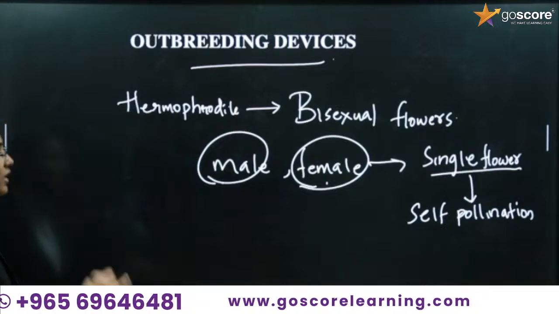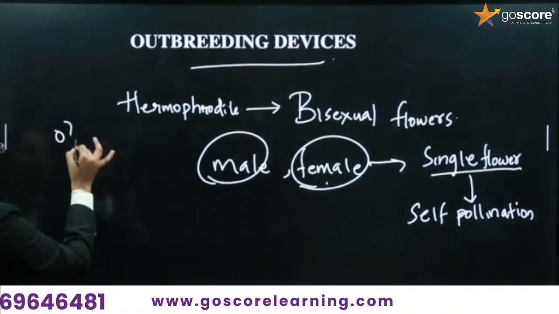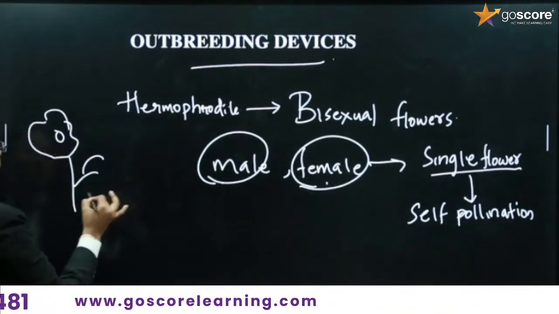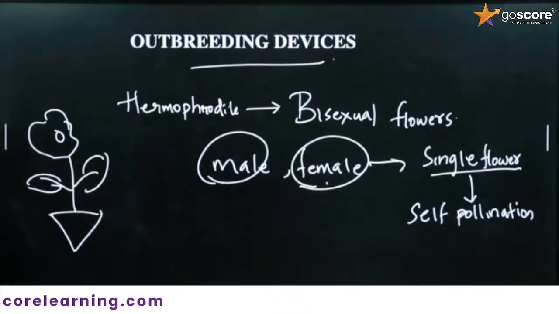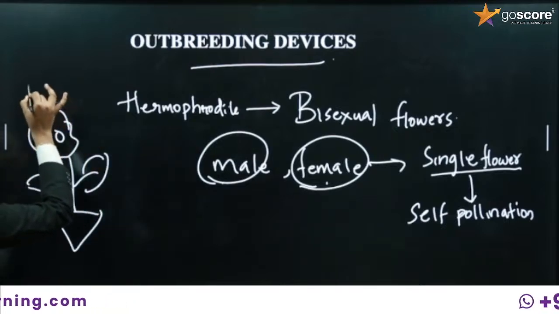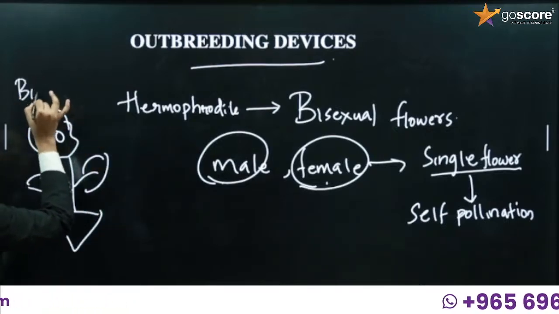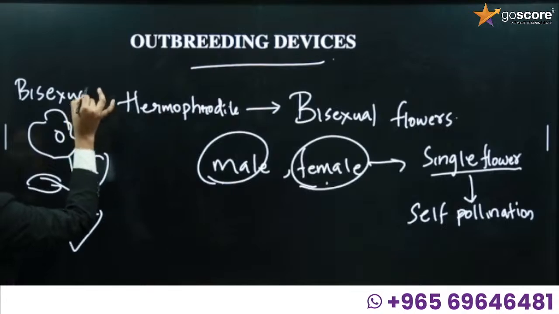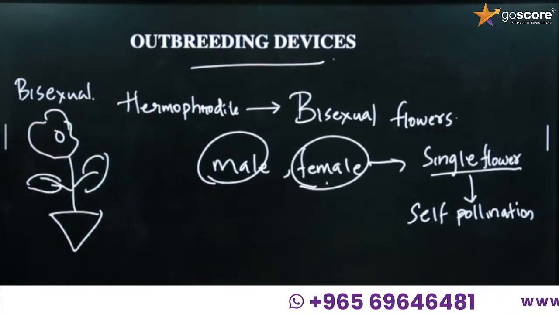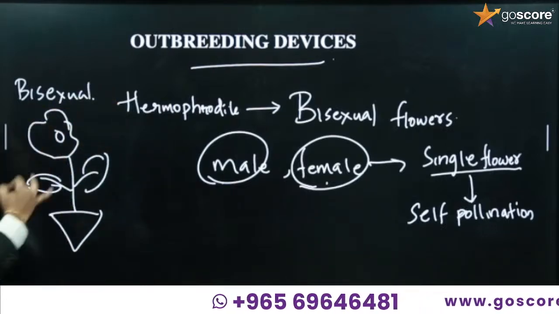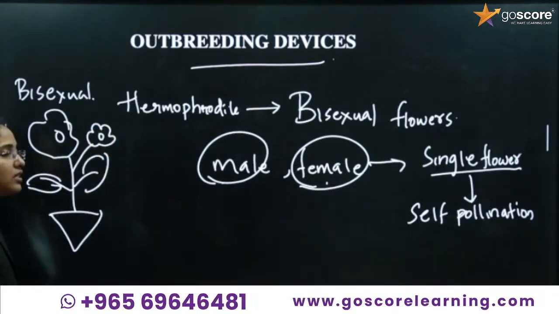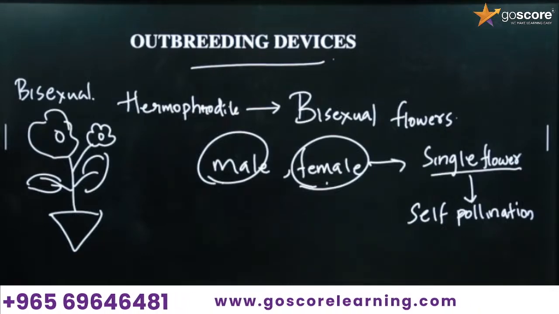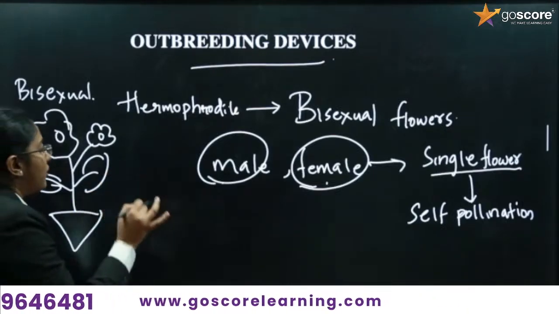If you consider a plant with a small leaf and a flower, this plant is a bisexual plant. All the flowers produced on this plant will be bisexual flowers, so the only chance is self-pollination.